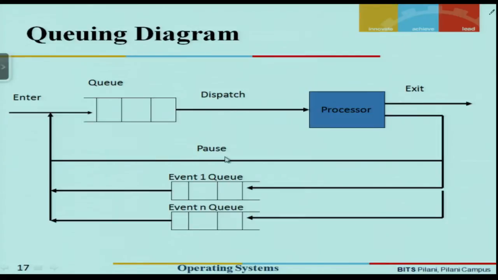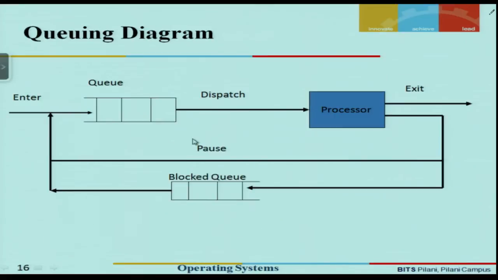In this particular diagram we should see one specific issue: we have a blocked queue, and this blocked queue would have processes which are waiting for different devices. There can be a process waiting for a hard disk, a set of processes waiting for a printer, and a set of processes waiting for a network.